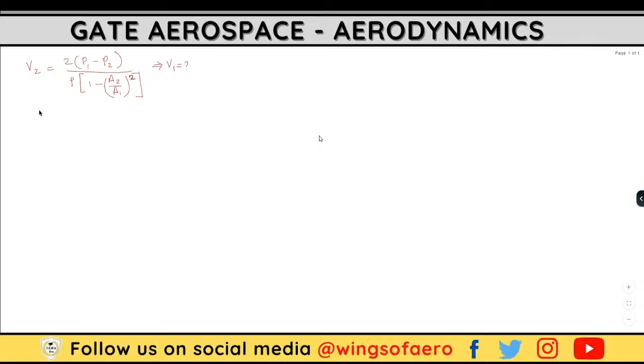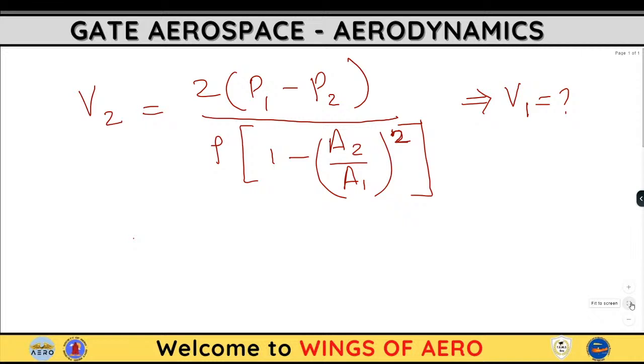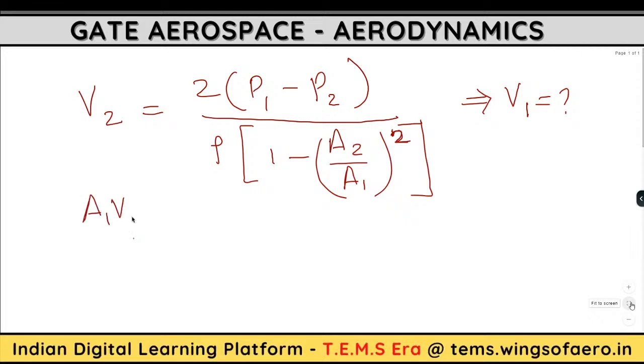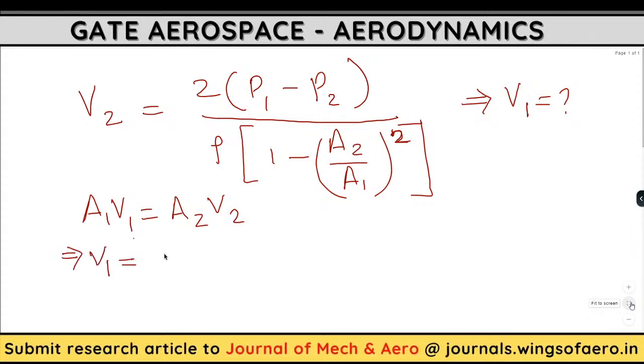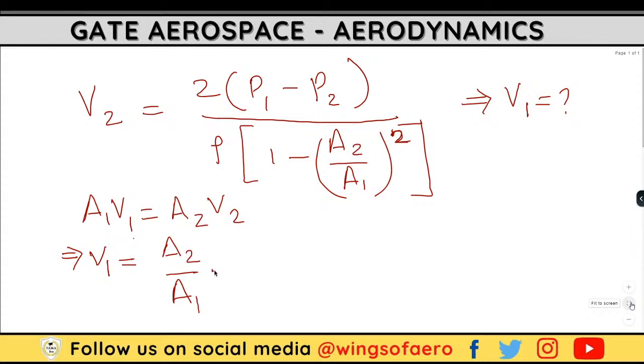Now remember, A1 V1 equals A2 V2. Now your requirement is to find V1. Then from there you can write V1 equals A2 by A1 into V2. Now what is V2?